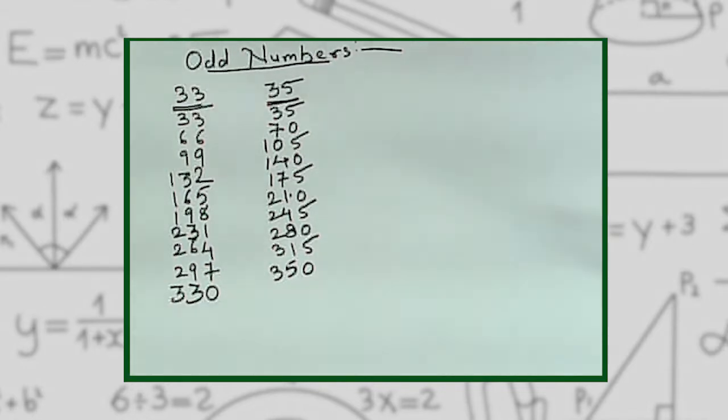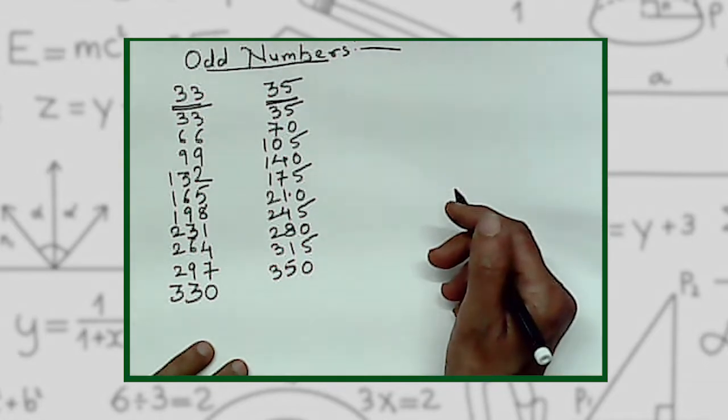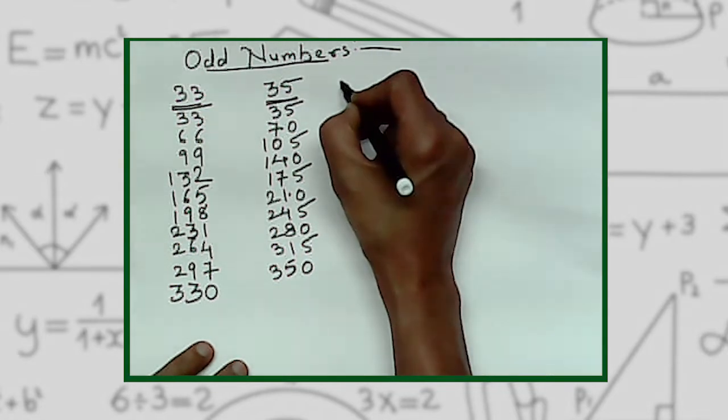Isn't it easy? One more example we will take, having units place as 5.